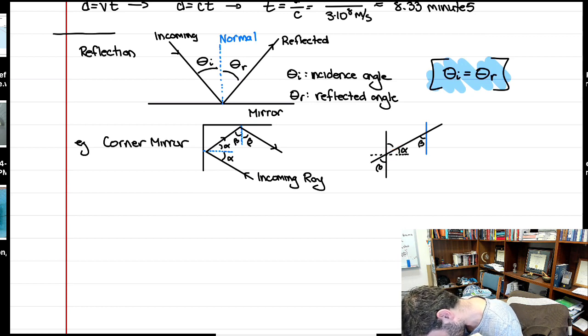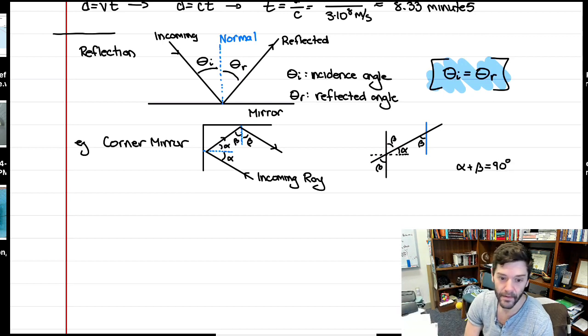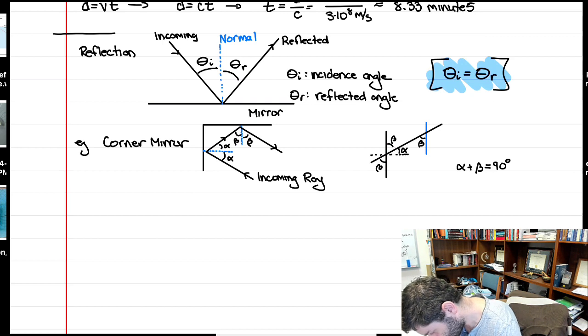So then this is beta. So then it seems like if I look at this combination right here, I've shown that alpha plus beta equals 90 degrees. So, as a result, if I draw the top mirror as a dotted line, since this is also beta, then this must also be alpha.